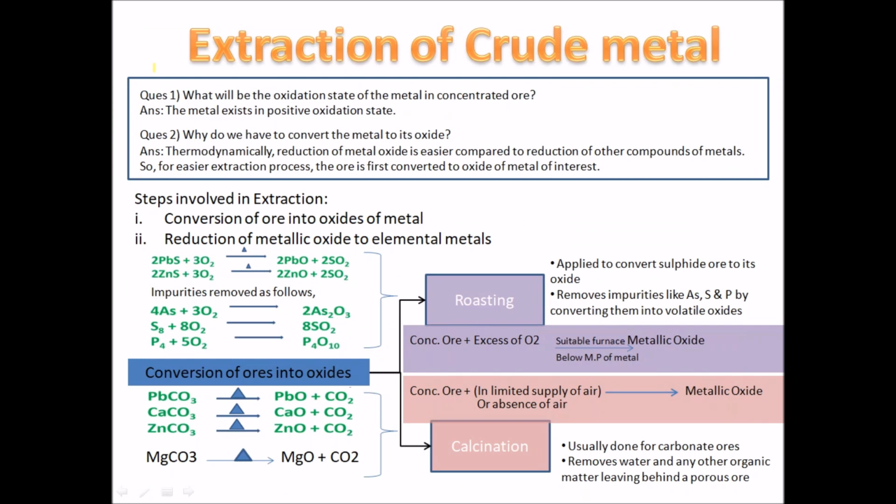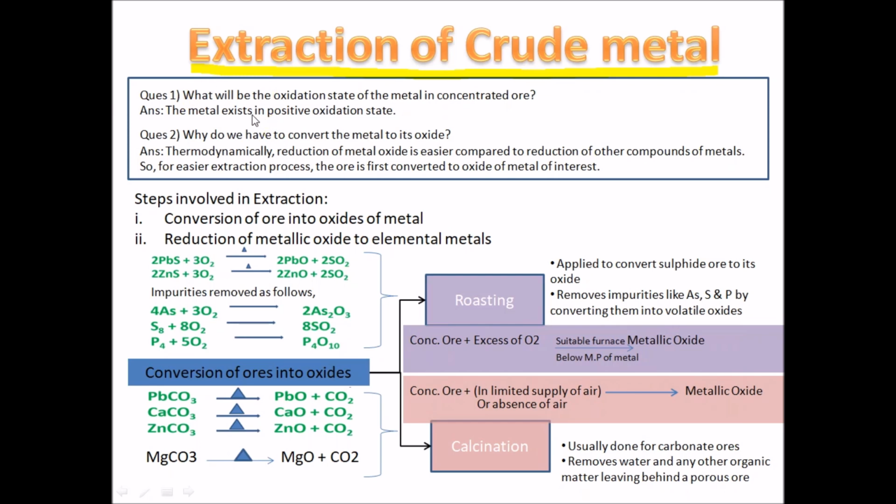After the concentration of the ore in the metallurgical process, we come to the next step, which is extraction of the crude metal. Now, the crude metal is a metal which is not in the pure form. Now, what is the oxidation state of the metal in the concentrated ore?